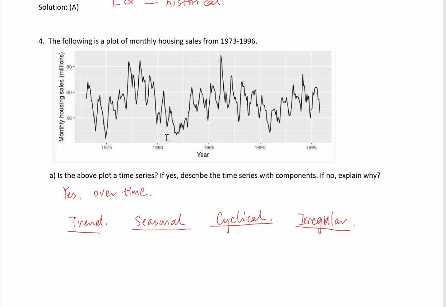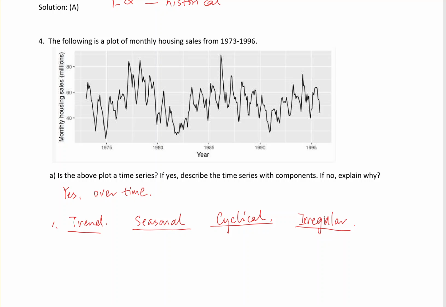Now first, does it have the trend component? What do we look for in a trend component? We look for whether there is an overall increasing trend or overall decreasing trend. For this case, the whole time series is partially going up, going down, going up, going down, but overall, is there an increasing trend or decreasing trend?